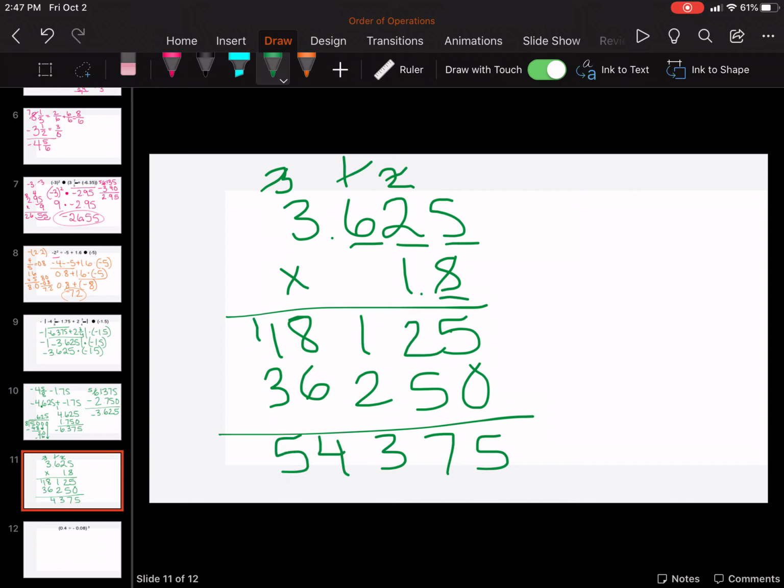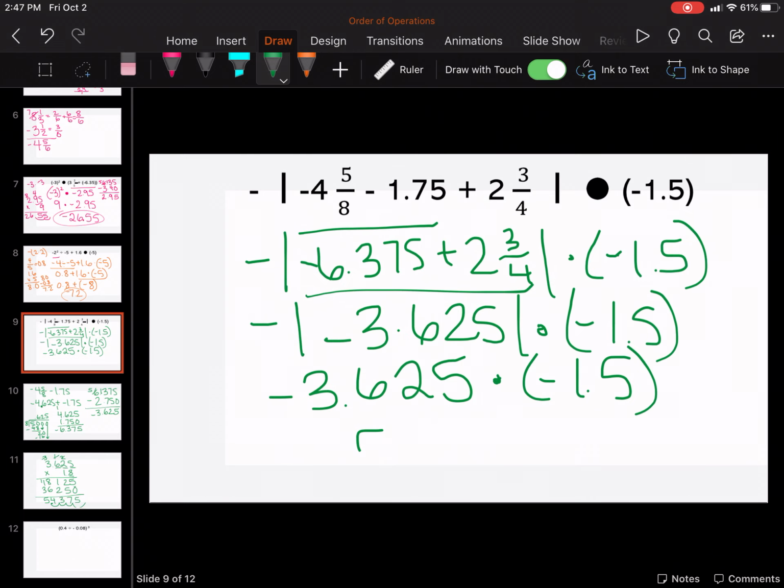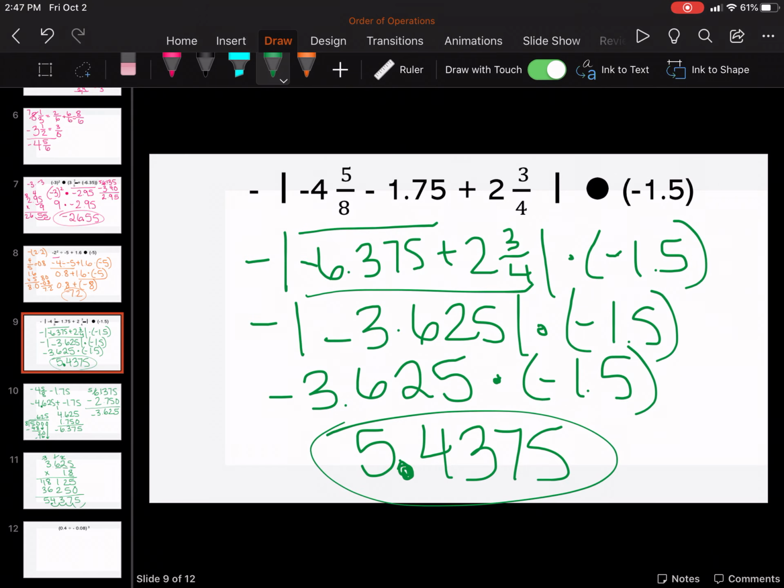One, two, three, 4 places behind the decimal. 5.4375. And then it's negative and negative, so it's a positive. Okay. Make sure you show all the work for that.